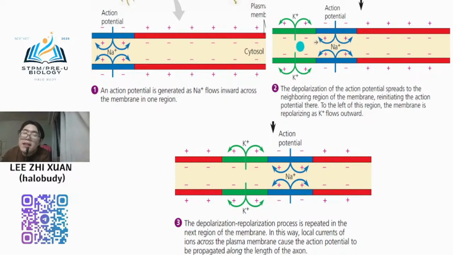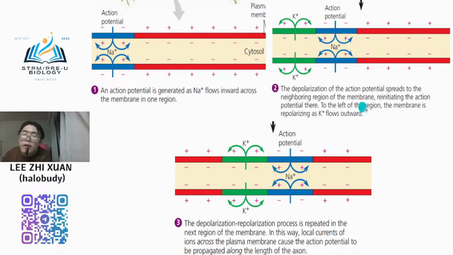Meaning that depolarization of the A region will cause the B region to trigger the action potential and reinitiate the action potential there. And then the A region will start to repolarize again and return back to resting state.